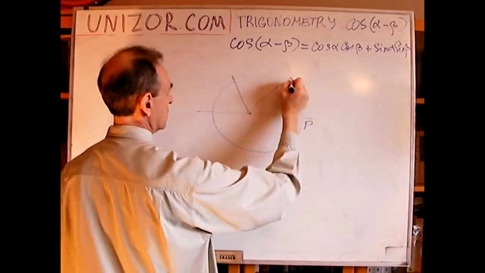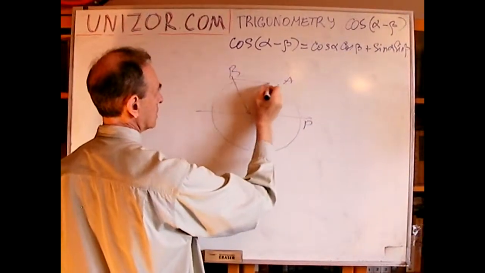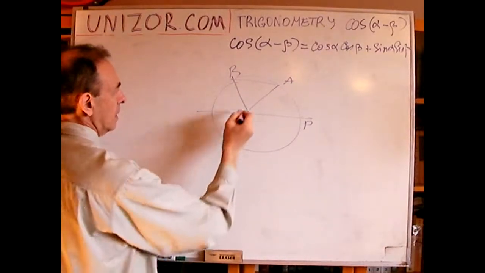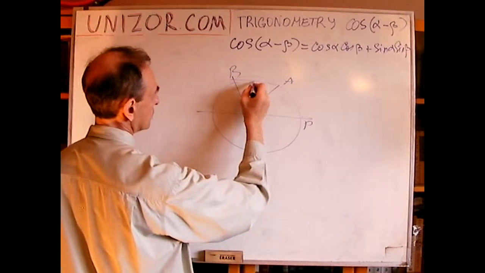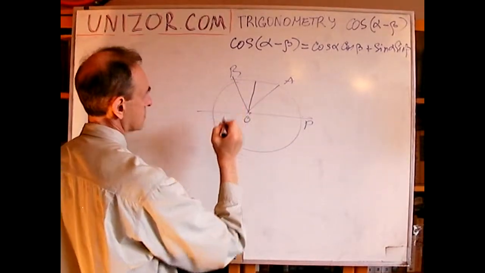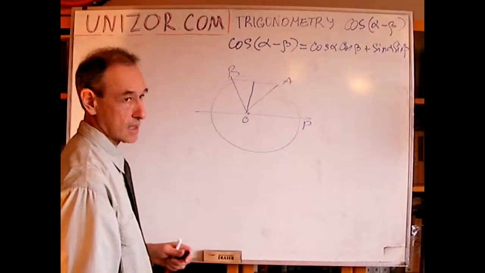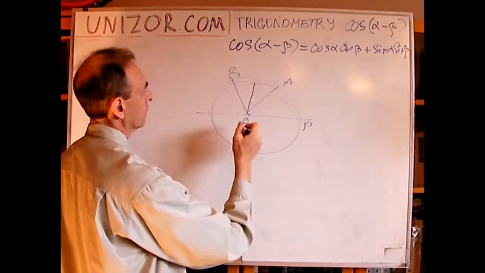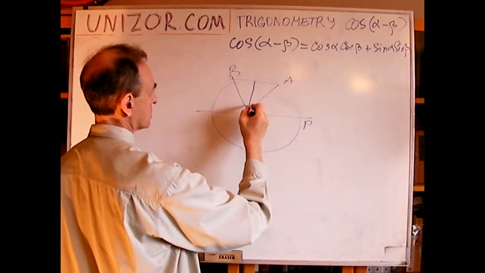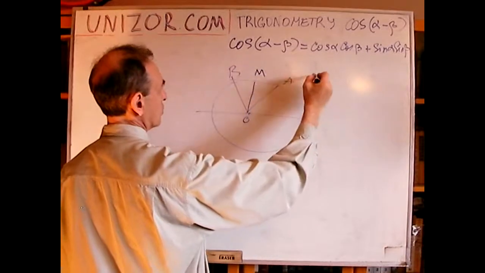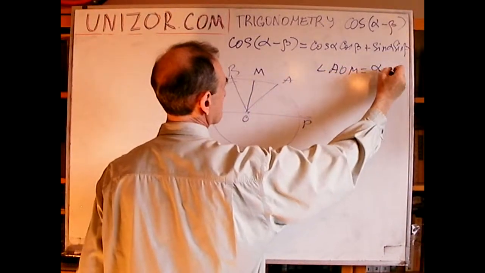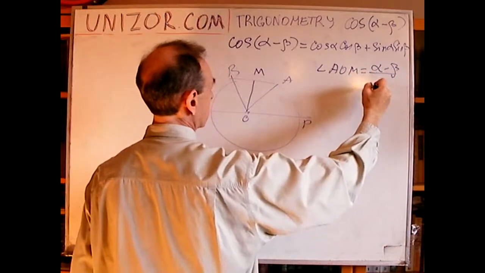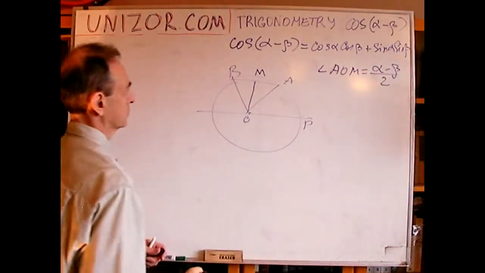This is P, A, B, the difference between A and B I have derived using the law of cosine. Instead, I can do the following. This is the bisector of the angle, which means angle AOM is equal to alpha minus beta over 2.